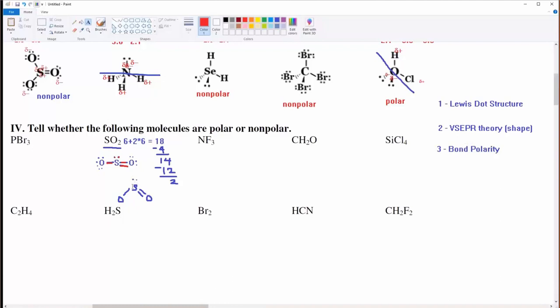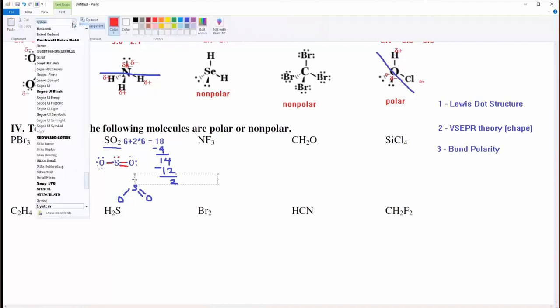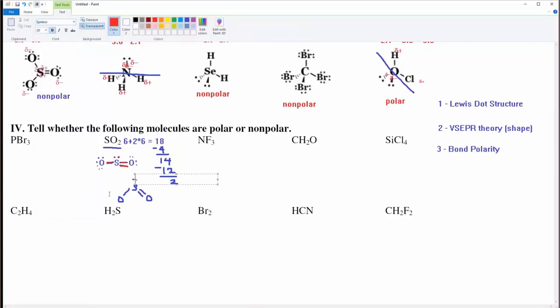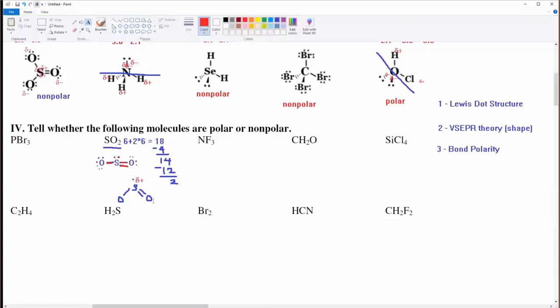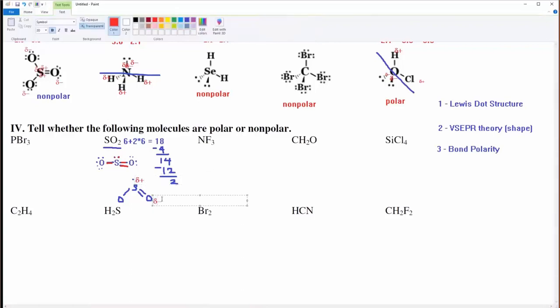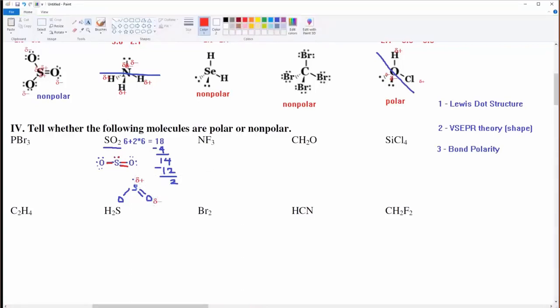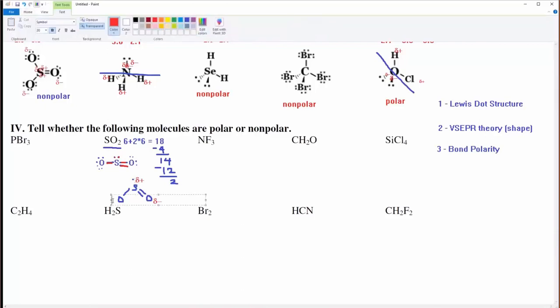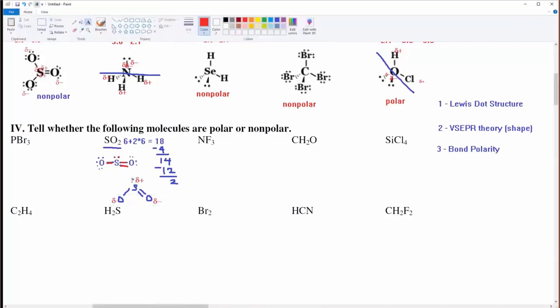So is the SO bond polar? Yeah, it is. Zachary says yes. Okay, so what does the sulfur get? Does the sulfur get the positive or the negative? Delta positive for the sulfur, delta negative for the oxygen. That's for this bond. Now for this bond, delta negative for that oxygen, delta positive for the sulfur. Is the molecule polar? Yes, there's your line right there.